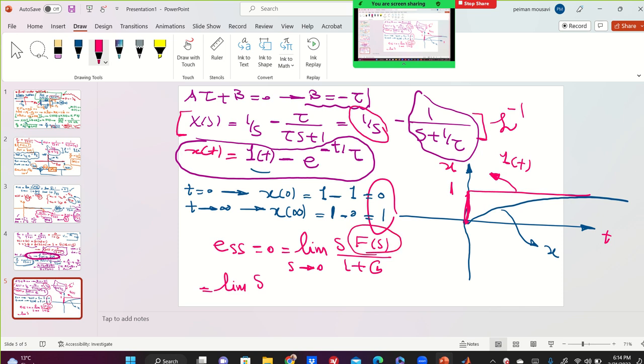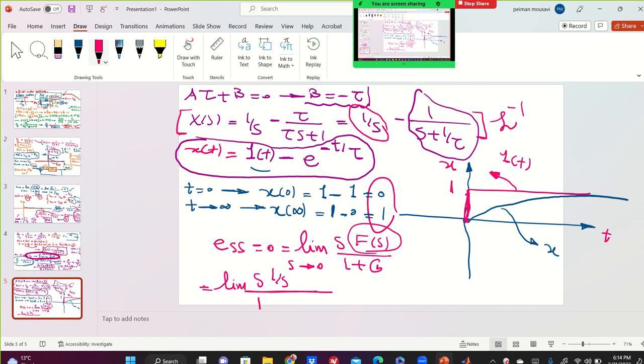times the Laplace of the step, which is 1 over s, as s goes to 0. So it's going to be the limit of 1 over (tau s plus 1) divided by tau s, as s goes to 0.